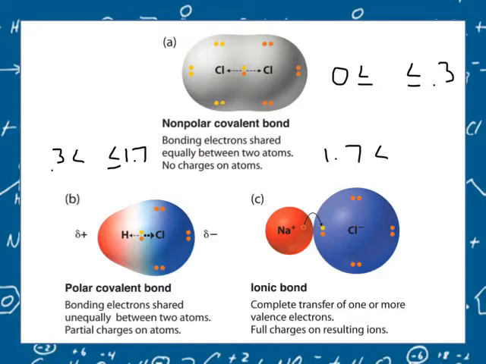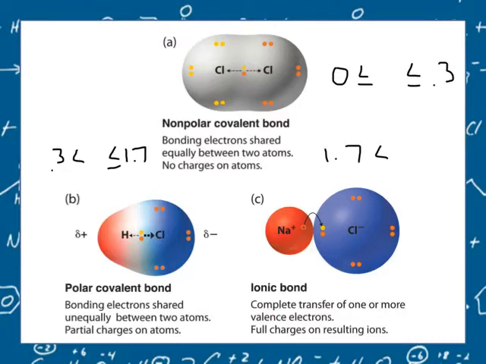The exact opposite of that situation is going to be ionic. Very large electronegativity differences, so much so that there can't be any sharing of the electrons. There's just complete transfer or taking of one electron from one atom to the other.